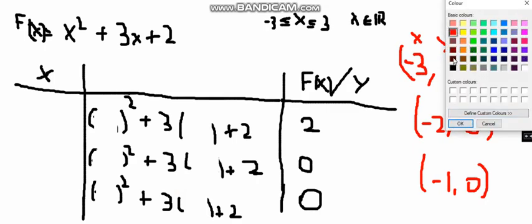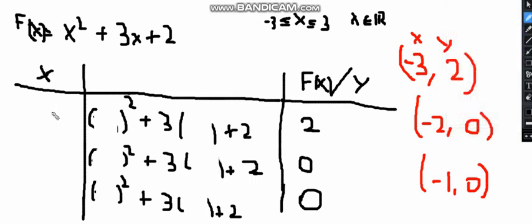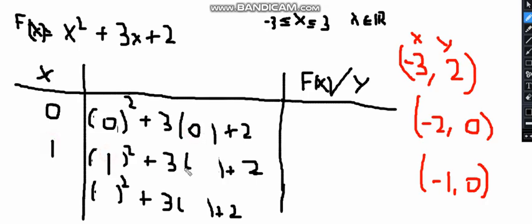So now we're going to just keep going. So we finished up on -1. So now we're going to go to 0. That's our next point. So 0 squared. Oh, I'll actually get rid of the outputs as well. So get rid of them. Okay. So 0 squared plus 3 times 0. And then input 1 would be 1 squared plus 3 times 1. And then 2 would be 2 squared plus 3 times 2 plus 2.